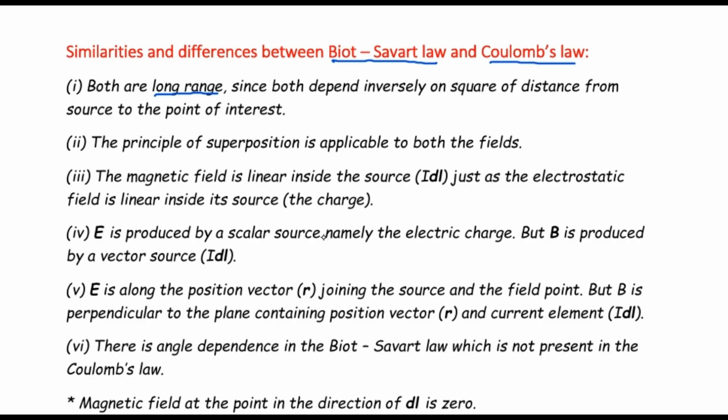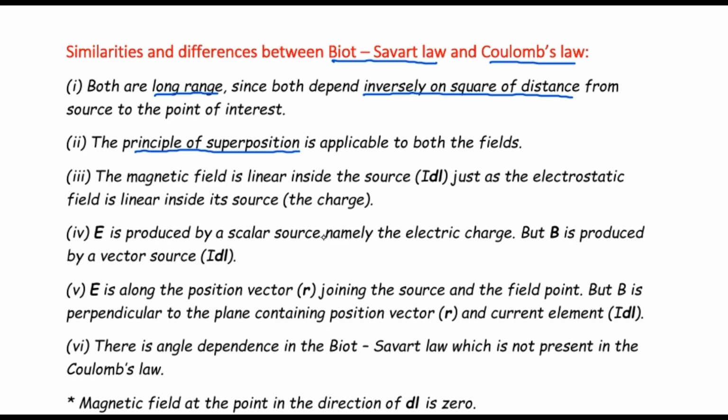In both cases, the fields depend inversely on the square of the distance from the source to the point of interest. So both are long range. And the principle of superposition is applicable to both fields, that is, the magnetic field as well as the electric field.